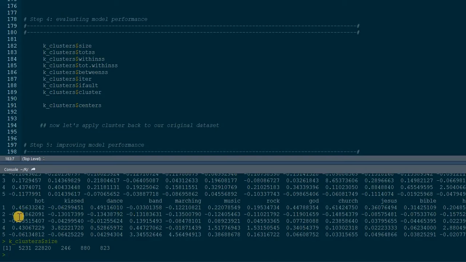So the first cluster has 5,000, the second has 22,000, the third has 246, and so on. The second cluster is quite a big cluster in itself.